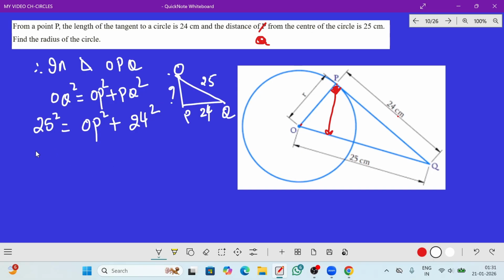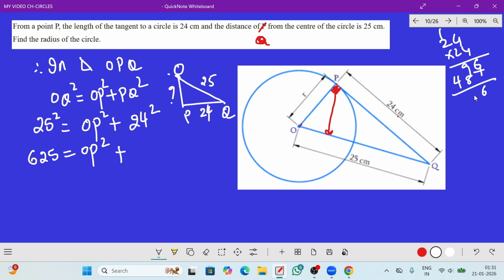25 square is 625. OP square plus 24 square. 24 square, we can multiply: 4 times 4 is 16, 4 times 2 is 8, 2 times 4 is 8 and so on. We know that it is 576. So here we get 24 square is 576.